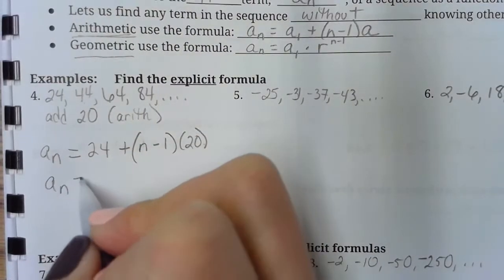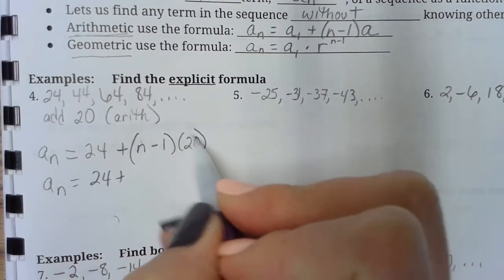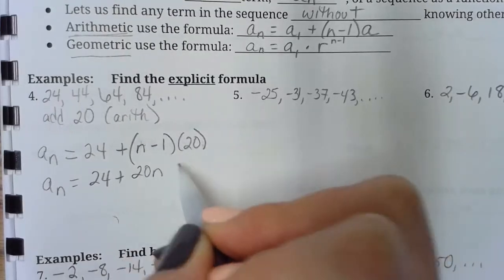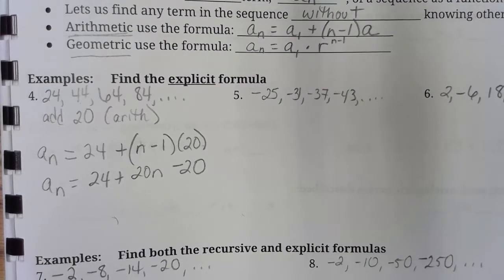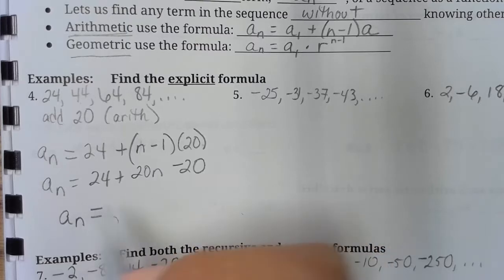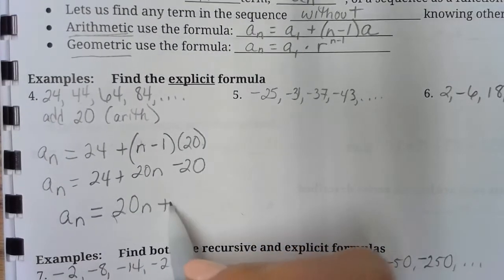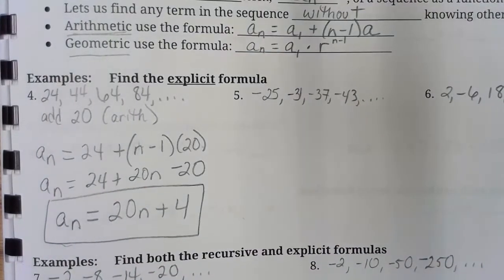So a sub n equals 24 plus, well, if I take 20 times n minus 1, I get 20n minus 20. And then if I simplify, combine my like terms, I have a sub n equals 20n plus 4. So that's my explicit formula.